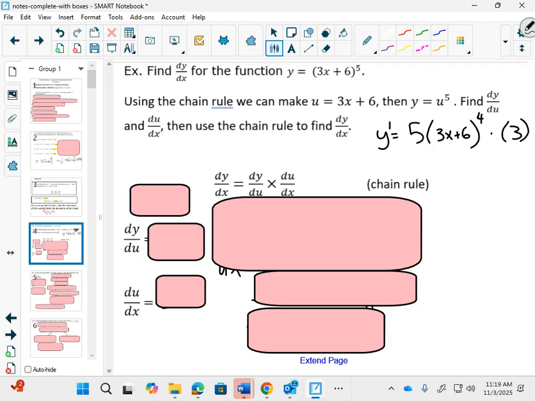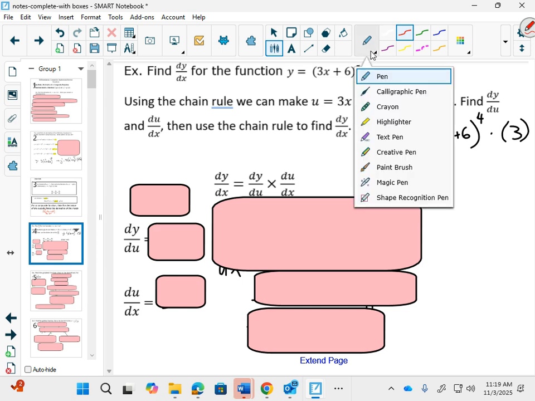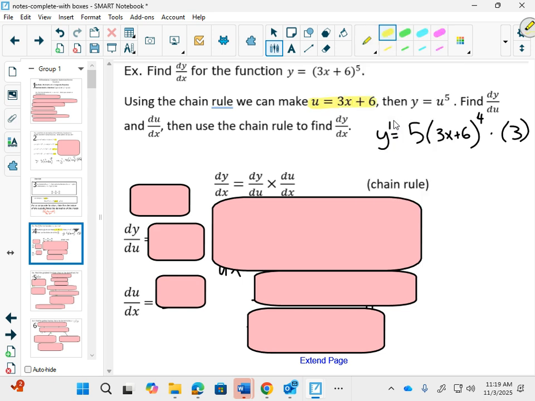I feel bad showing you the proper Leibniz notation because you're never going to use it, but this is what it looks like. If you are using Leibniz notation, you have to label your inside function as the u. So here is my inside function. u would equal 3x plus 6.